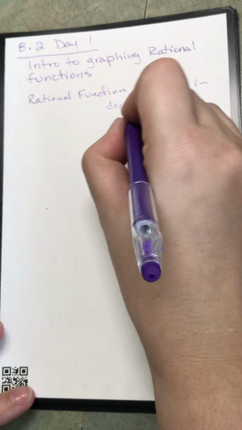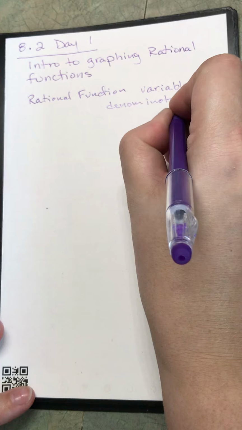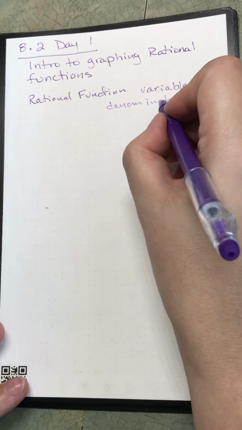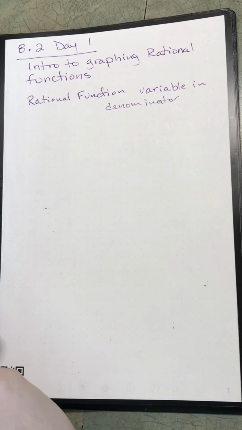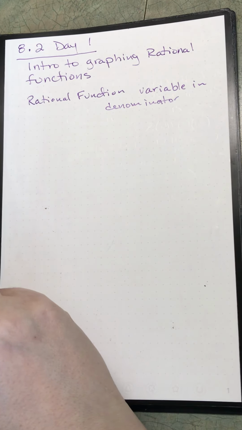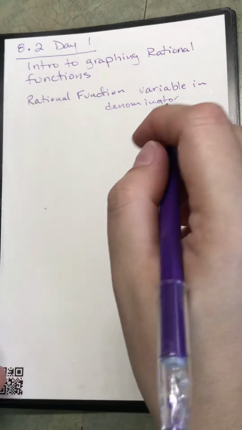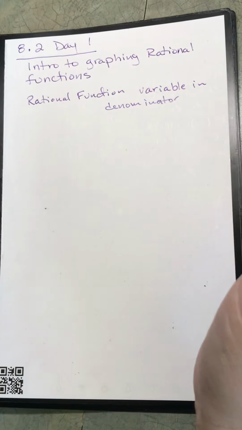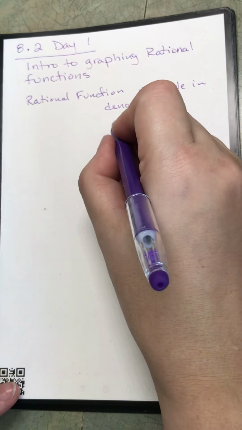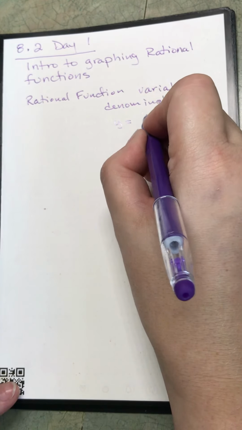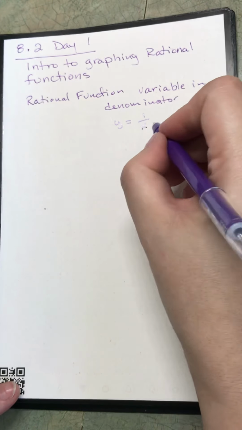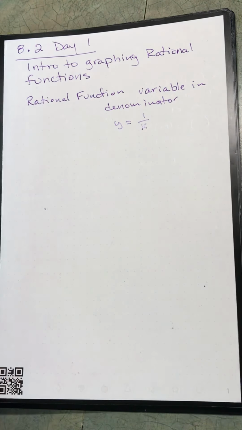This is a very basic definition. It's not the technical definition, but just as a general rule to understand, we're looking at something where our input is in the denominator of a fraction. So it's going to act a little differently.